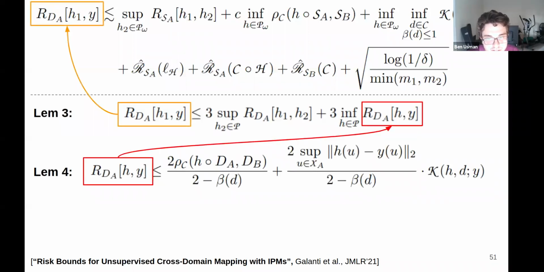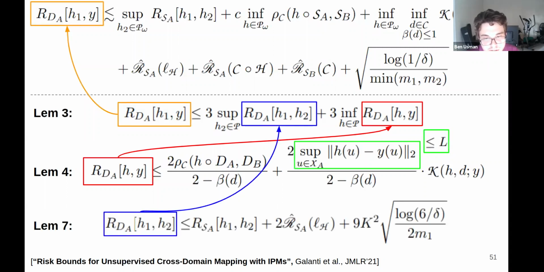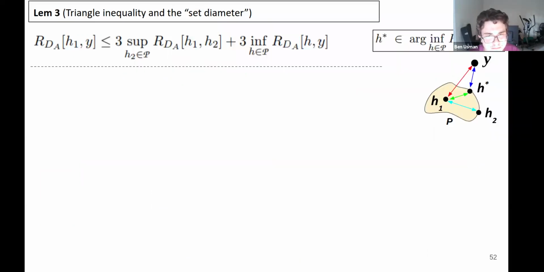Then we will show the prediction error of the best solution can be bounded by the statistical distance yielded by the solution and the K term multiplied by the largest possible error of our solution, which can be bounded by the diameter of the domain. And finally, we show that functions evaluated over the entire domain can be replaced with their finite data estimates if we add some sample complexity terms.